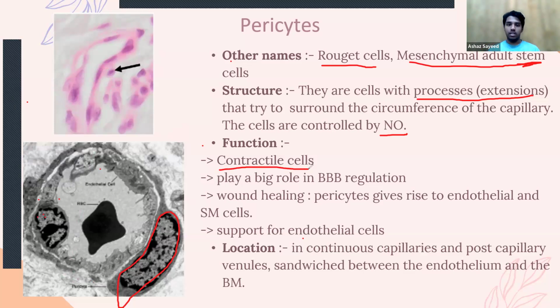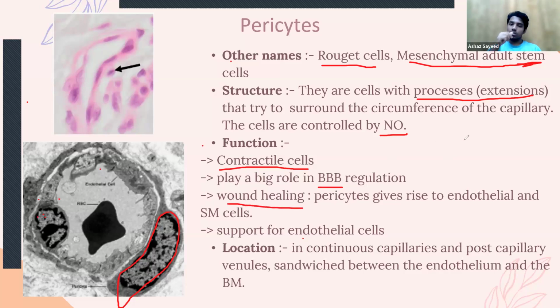We don't have that here, so we have the parasites which act as your contractile cells. They play a role in blood-brain barrier regulation. Wherever there's a blood-brain barrier, you have a lot of parasites. This is an important function.